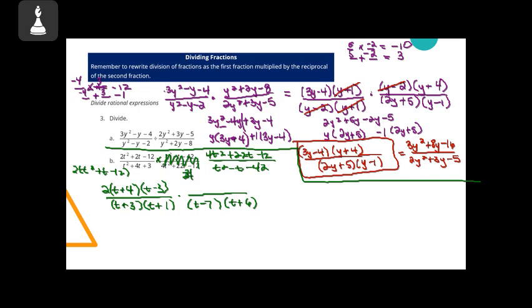The same two numbers add to 11. So 12 minus 1 is 11. 12 times negative 1 is negative 12. So let's see if I do this here. So 2t squared plus 12t minus 1t minus 6.